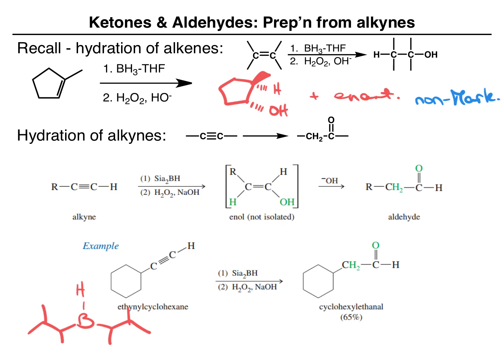The enol is not isolated as it will tautomerize to give the aldehyde. So this is the same compound that we used on the previous slide, and treatment with sulfuric acid and mercuric salt gave the methyl ketone, but treatment with the disiamylborane followed by hydrogen peroxide and hydroxide is going to lead to the formation of the aldehyde.